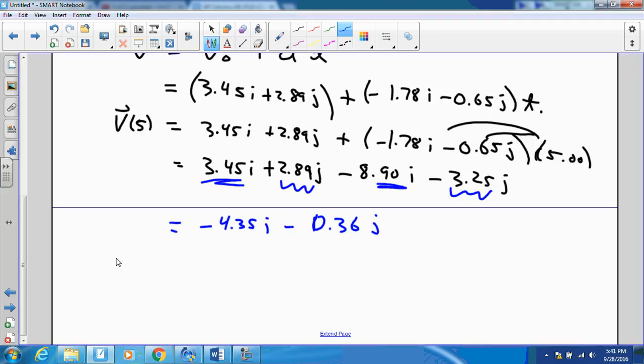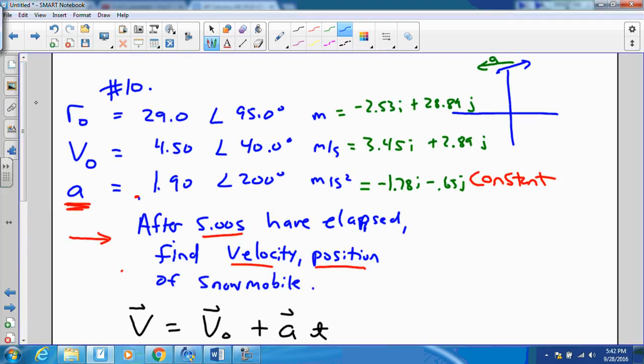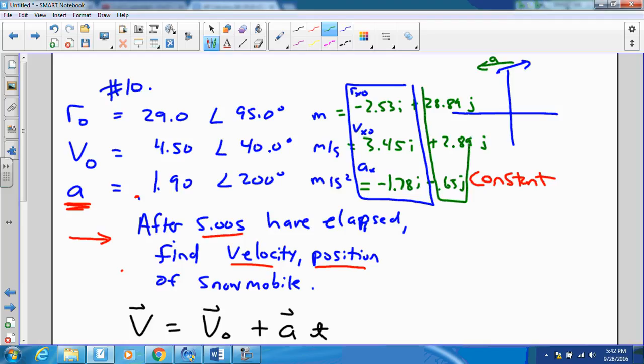Now, the moral of the story then is that we can use the same equations of motion, but we're going to treat the i's and j's separately. Some people like to actually split this up into x's and y's completely separately. And if you do that, then you would take all your x components right here, and you would treat these as components for the x. So you label this one as Rx0, and this would be Vx0, and this would be Ax.